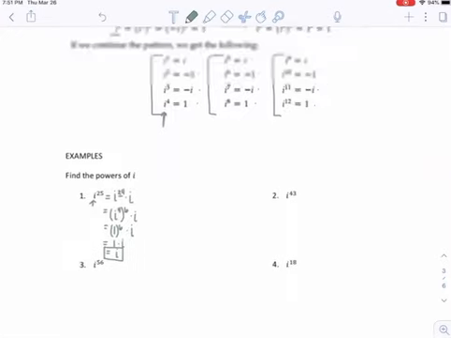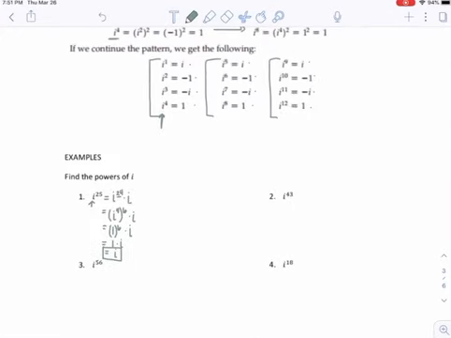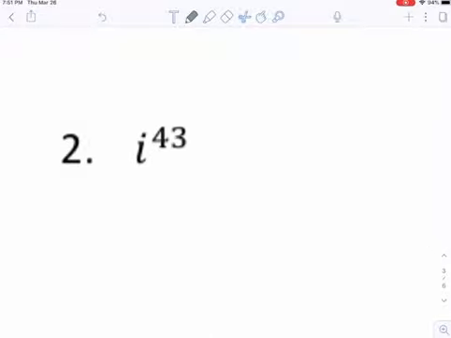So we're essentially trying to find which i out of this chunk of 4 we're getting as our answer, because as we keep going through these powers, they all end up equaling the same thing. In number 2, I need to think of the biggest number under 43 that is divisible by 4.